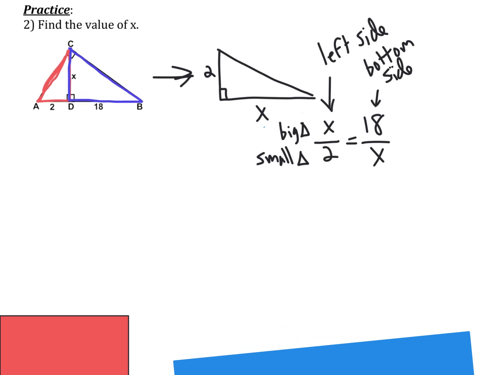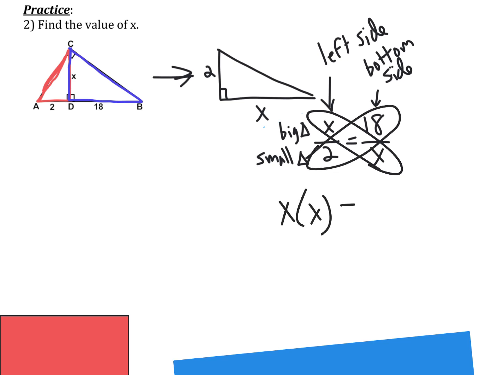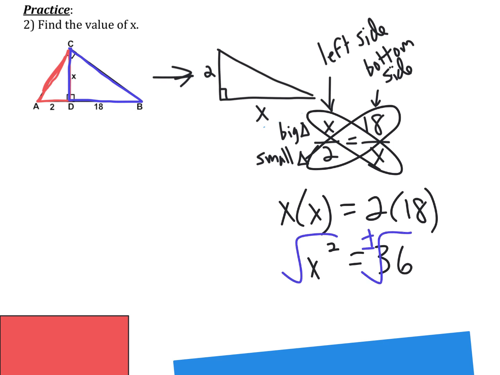We have x's both in the numerator and the denominator again, so we can cross multiply, or however you want to do that. Now we've got x squared equals 36. We take the square root. The square root of 36 is 6. Technically, we'd add a plus or minus, but we know we can't have a negative length.